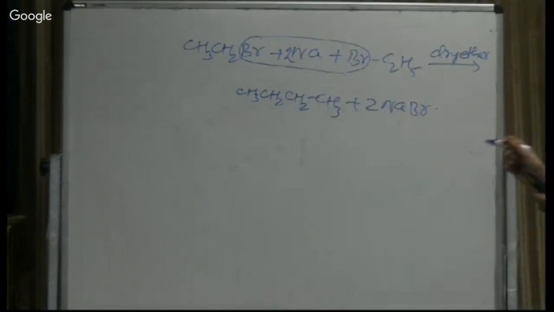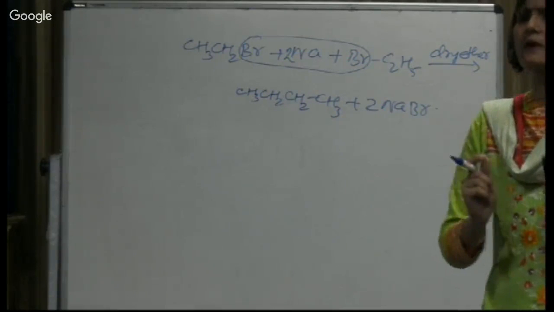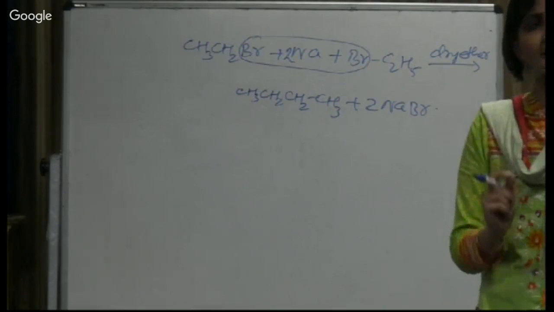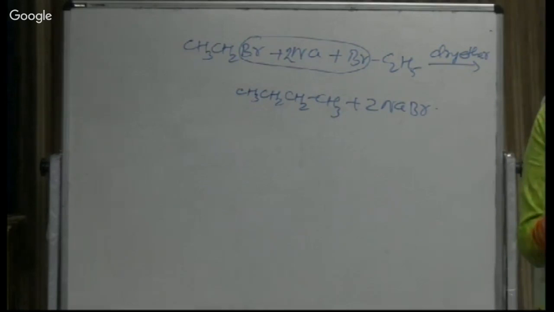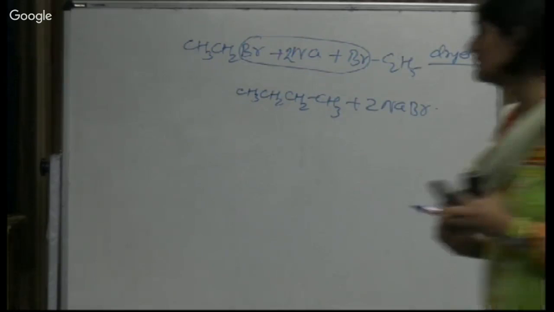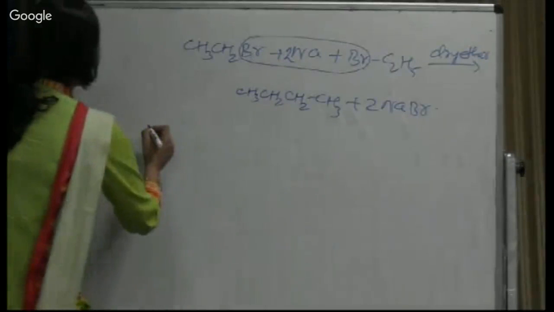Now, the disadvantage of the Wurtz reaction is that it is not a very good method to prepare hydrocarbons which have an odd number of carbons.